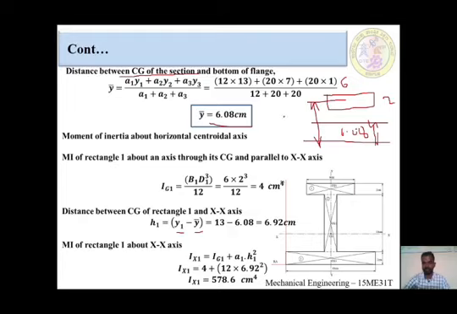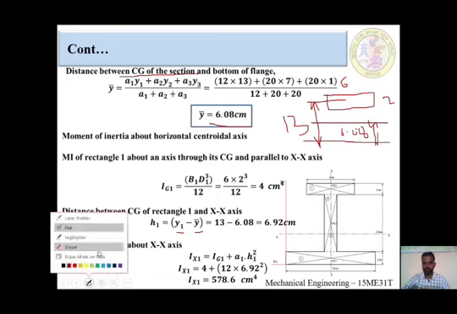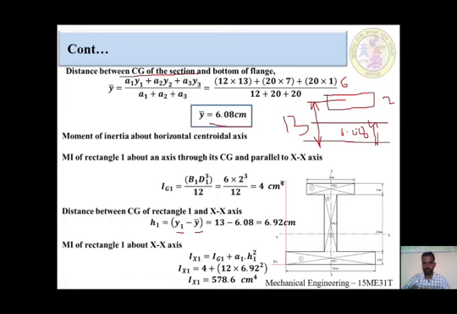How much? 13 centimeter. From here to here, this gap we call h. So h1 is equal to y1 minus y bar, 13 minus 6.08, which is 6.92 centimeter.